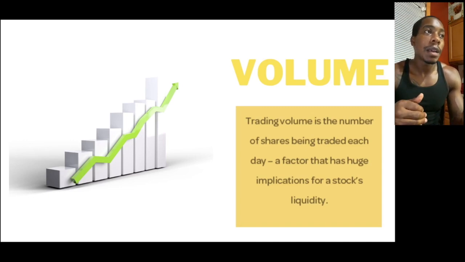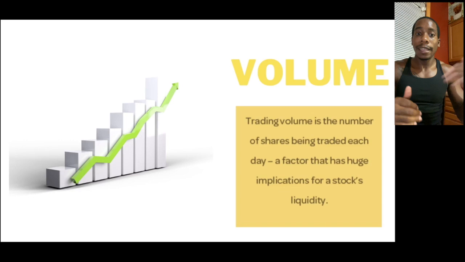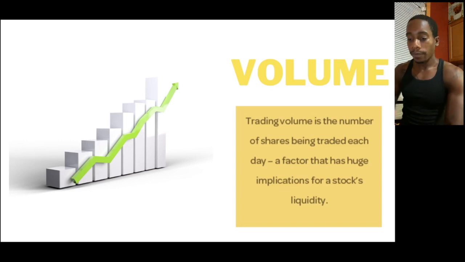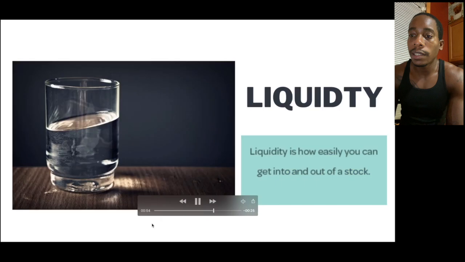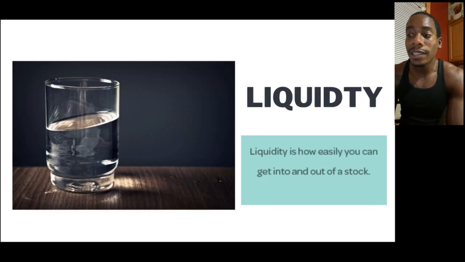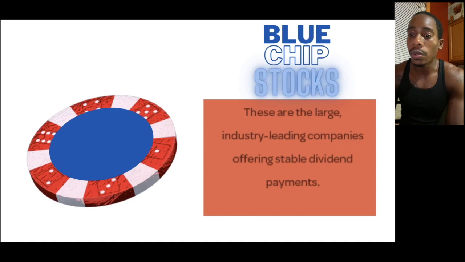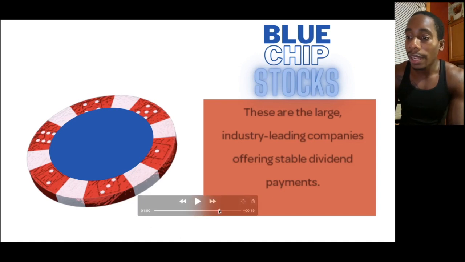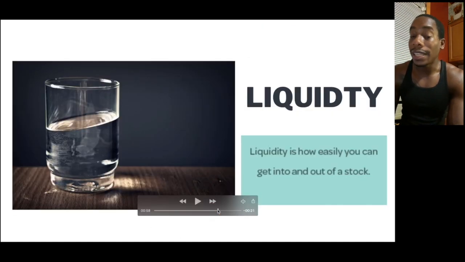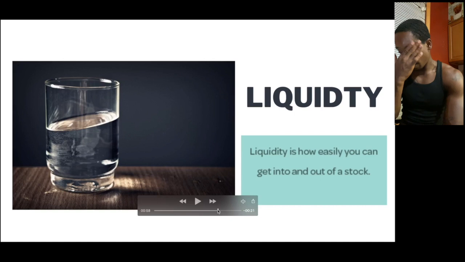If the volume happens to be a lot and it's in the red going for a bearish act, then it may go in a downward trend, right? Let's lead into liquidity, right? Liquidity is how easily you can get into a stock, right? How easy is it for you to get in and out of a stock?